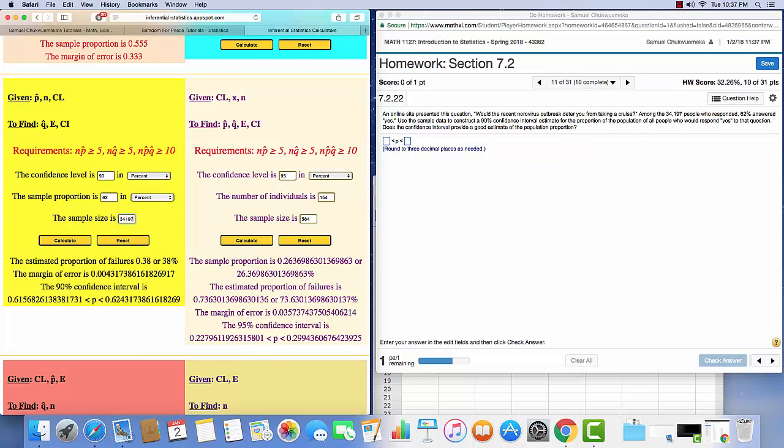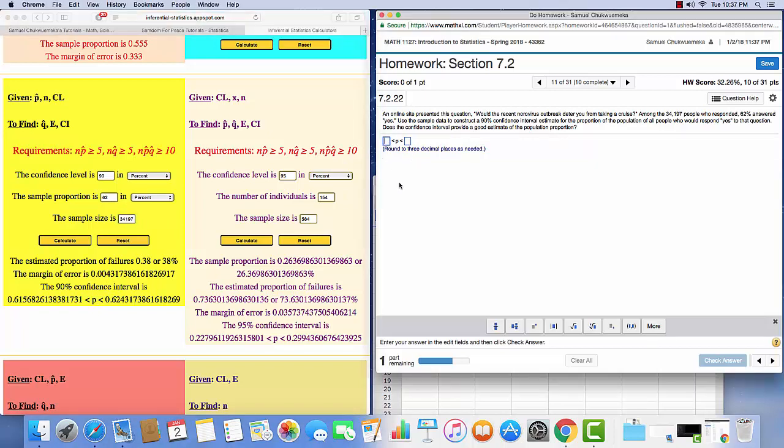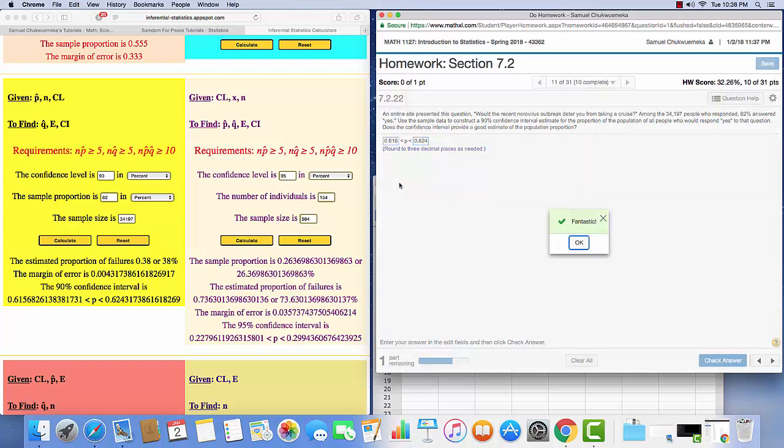And then you press enter. So the 90% confidence interval to 3 decimal places would be 0.616 as the lower bound and 0.624 as the upper bound.